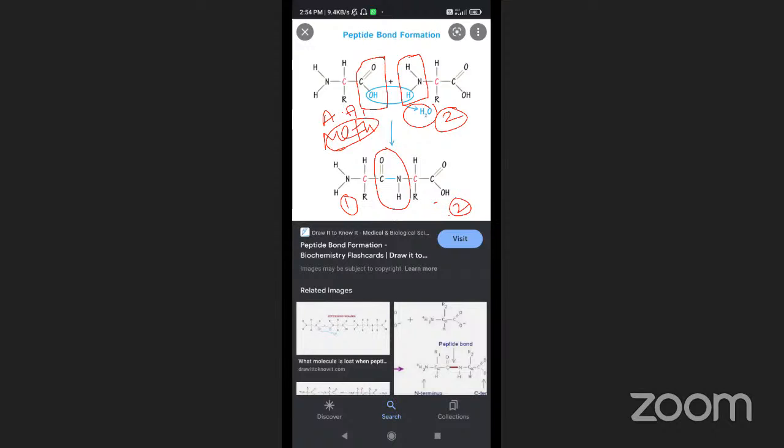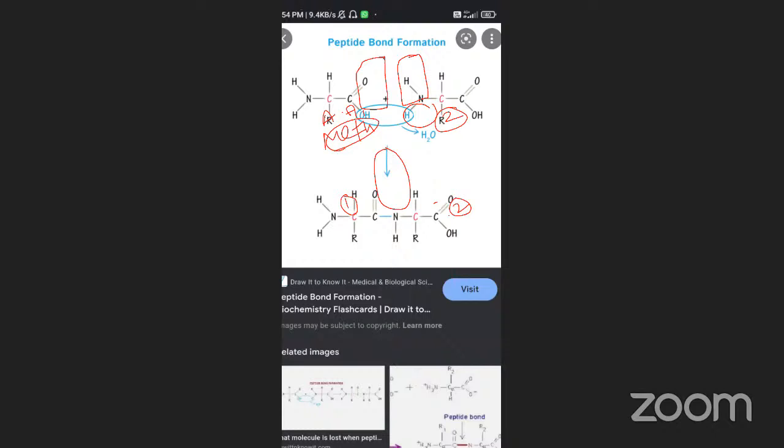Now termination. First of all, remember, when the ribosome reaches the nonsense codons, the process terminates with help of RF1, RF3, and GTP.